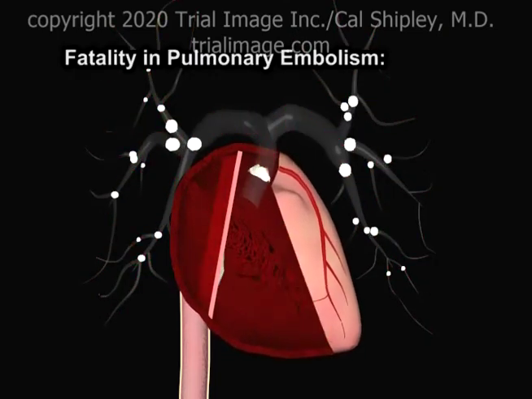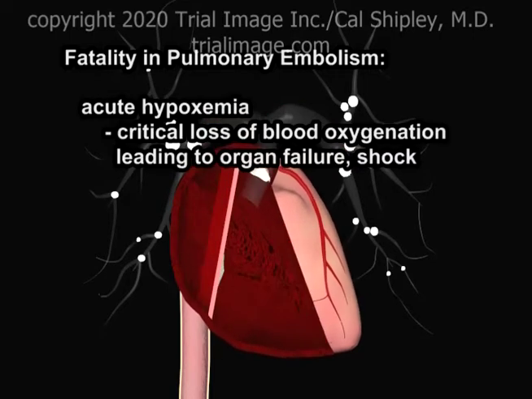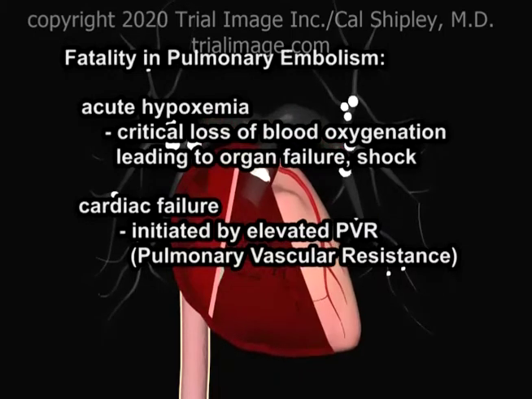So fatality in pulmonary embolism may occur as a result of acute hypoxemia or cardiac failure. In many cases, death occurs due to a combination of both factors.